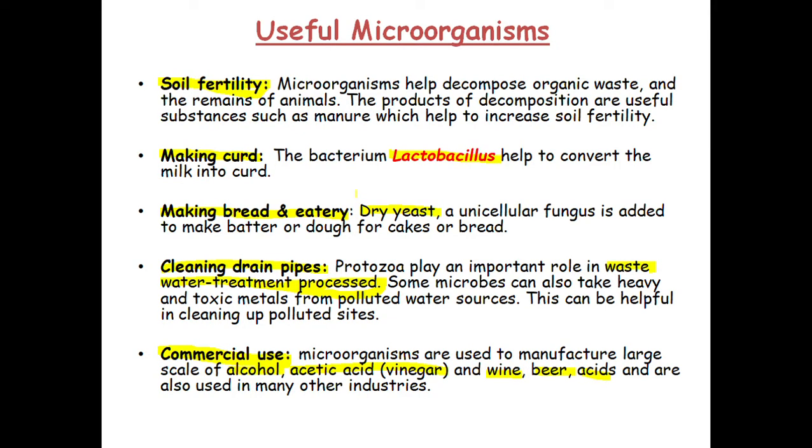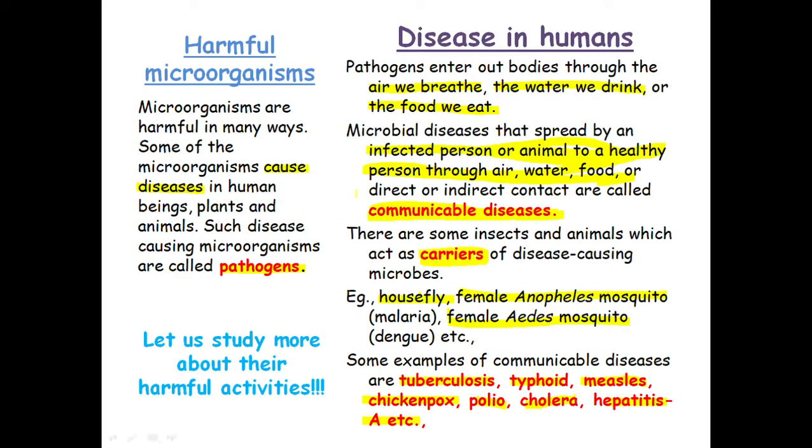Useful microorganisms and harmful microorganisms. Useful microorganisms help in soil fertility, making curd, bread, cleaning drain pipes, and commercial use. Harmful bacteria are there. There is a term called pathogen, meaning those microorganisms which cause disease to human beings, plants and animals. They are the pathogens.